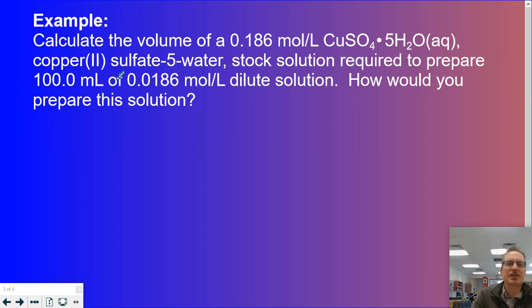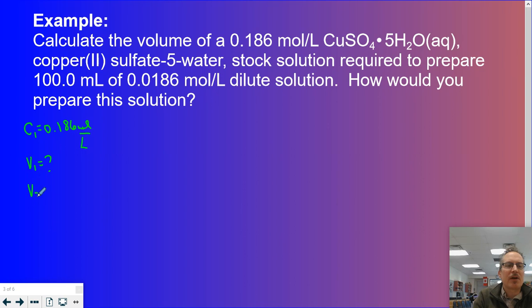All right, so let's get started here. Again, as always, we're going to make our list of variables. So I have my initial concentration of 0.186 moles per liter. We are going to have to figure out what volume I'm going to have to dilute down.